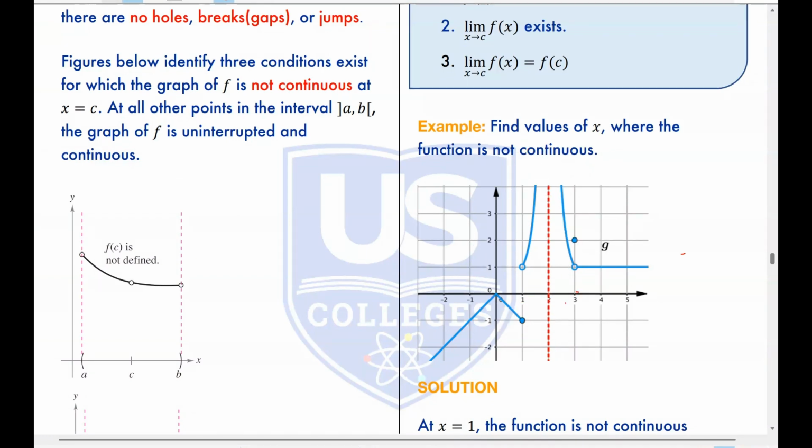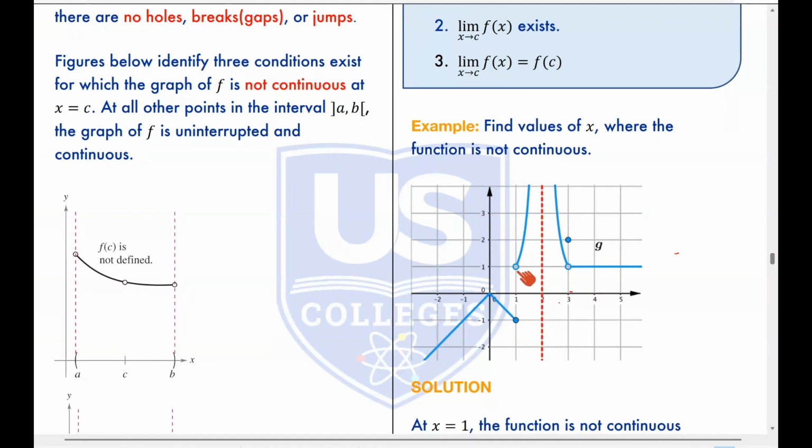Here is the first point, x equals 1, there is a jump, so the limit does not exist. At x equals 2, there is a break, the limit does not exist. At x equals 3, there is a hole, the limit exists. The function is defined, but their values are different from each other.